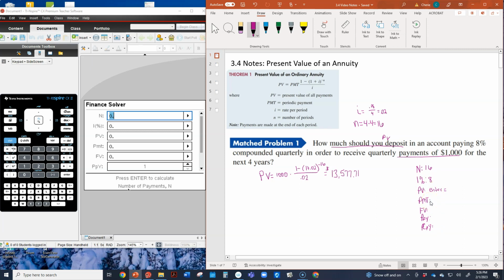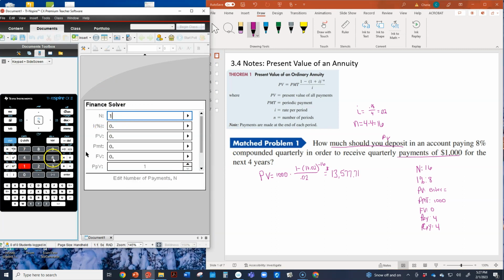We're going to receive payments of $1,000, and our future value is just 0. Payments per year, it's quarterly. Compounded per year, it's quarterly. And so that's what we're going to be typing in over here. And then when we hit enter, we'll have a value that should match this value.